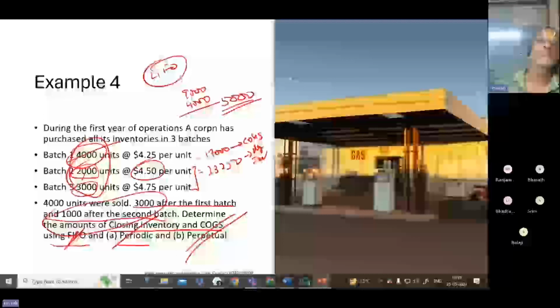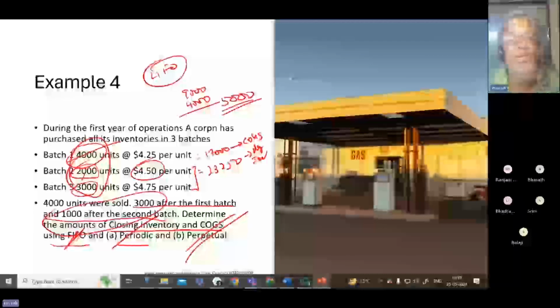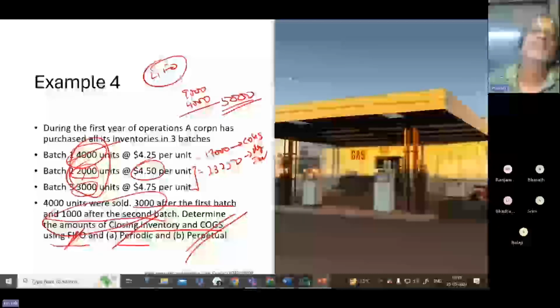But the split values of COGS and closing inventory will be the same for both periodic and perpetual inventory systems, which you cannot expect in other methods of costing. Only for FIFO costing will that hold good. For all other methods, it will not hold good. Is that okay? Are you clear?